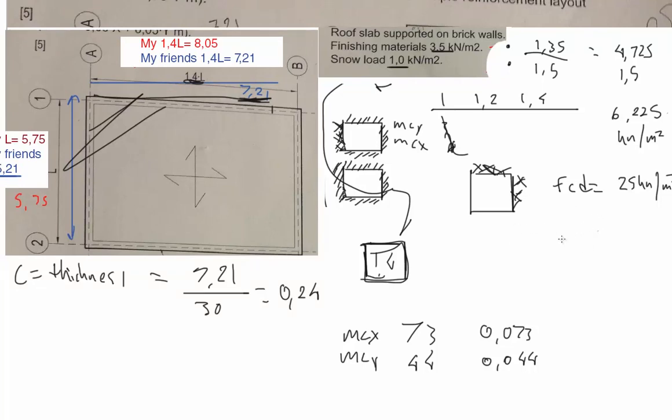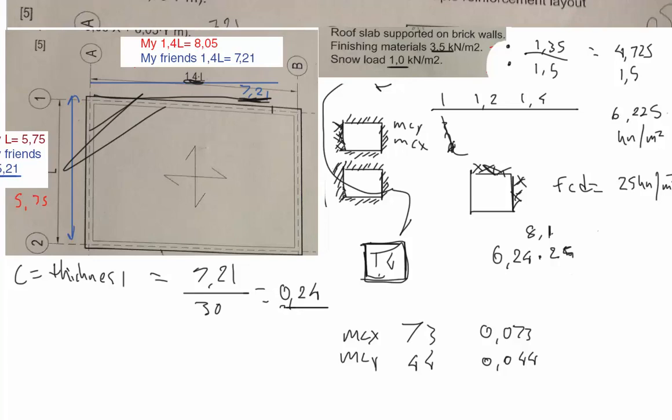We have the thickness here, because this is per linear meter, I assume, right? This is what I don't know. So it's 0.24 times the FCD, which is this one, so that would be 8.1. Actually, not 8.1, but I think my friend rounded. 0.24 times 25.